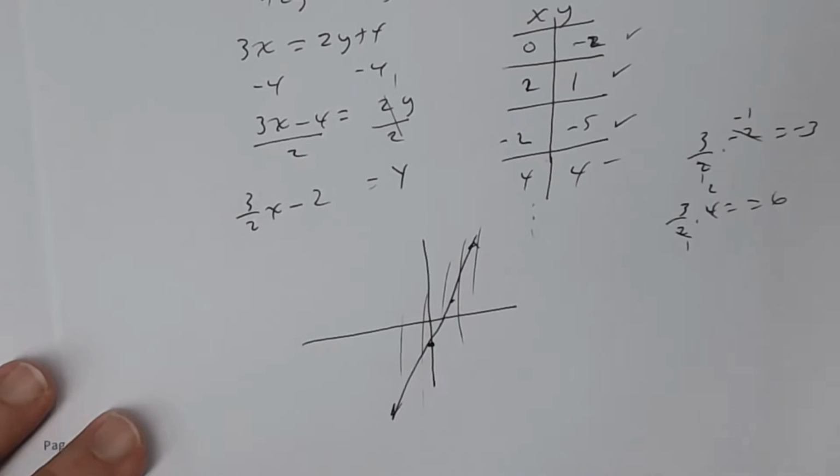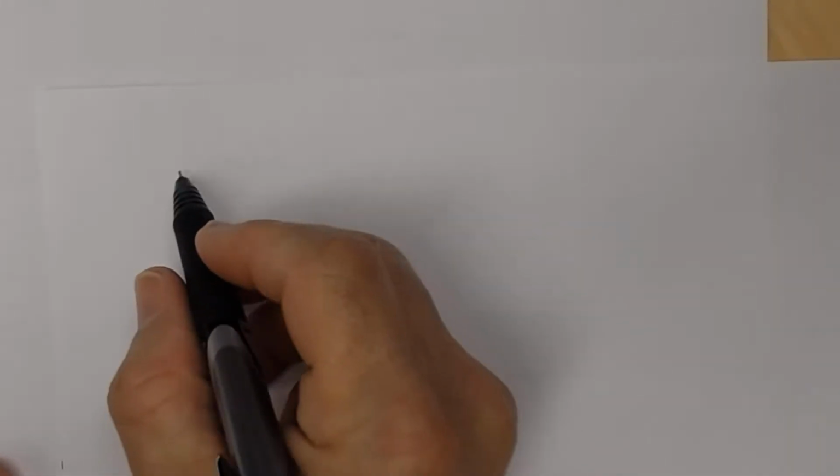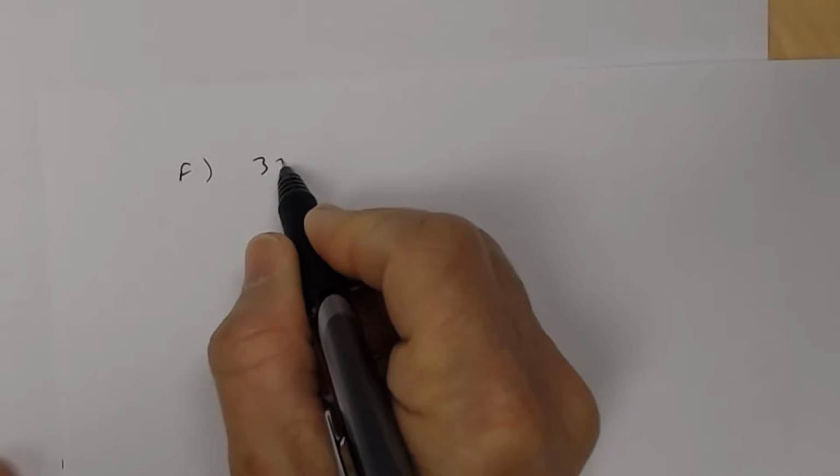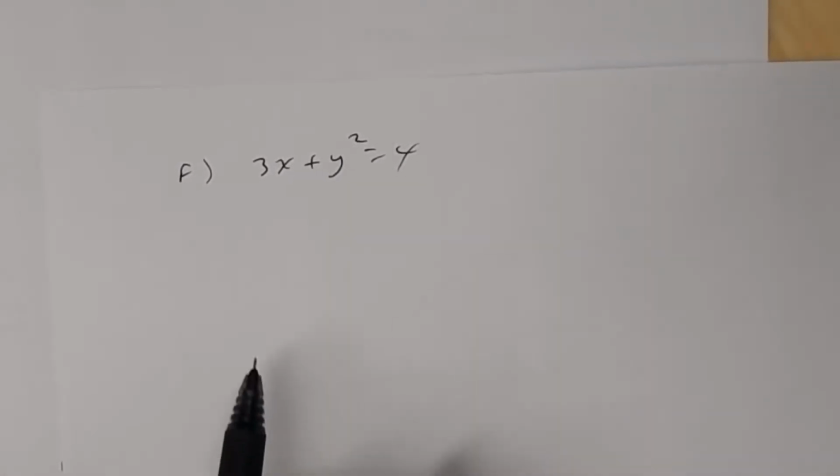Now letter F, I have 3x plus y squared equal 4. Now this is a situation where, in the previous course and at this point, you really haven't graphed an equation that looks like this.